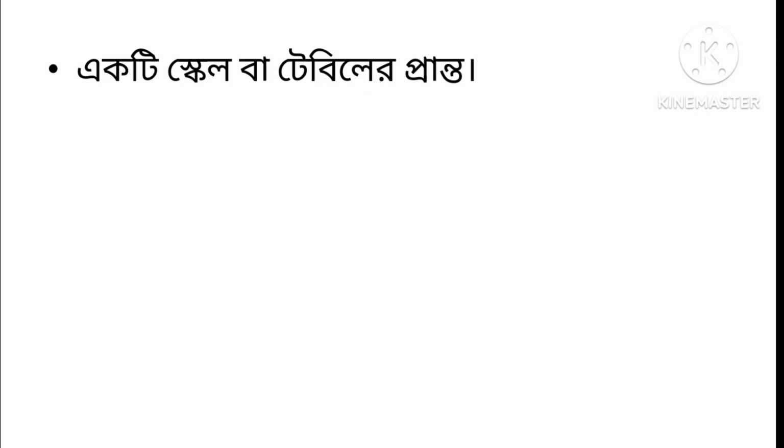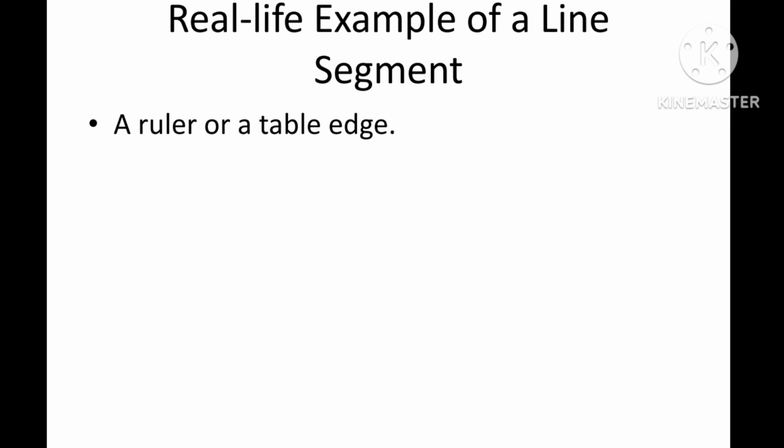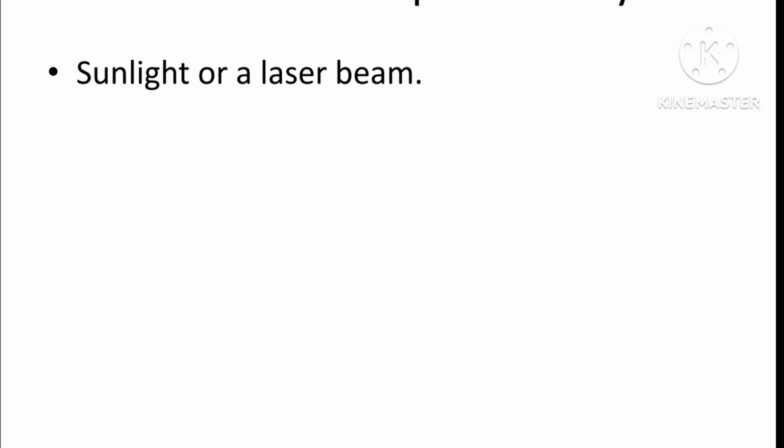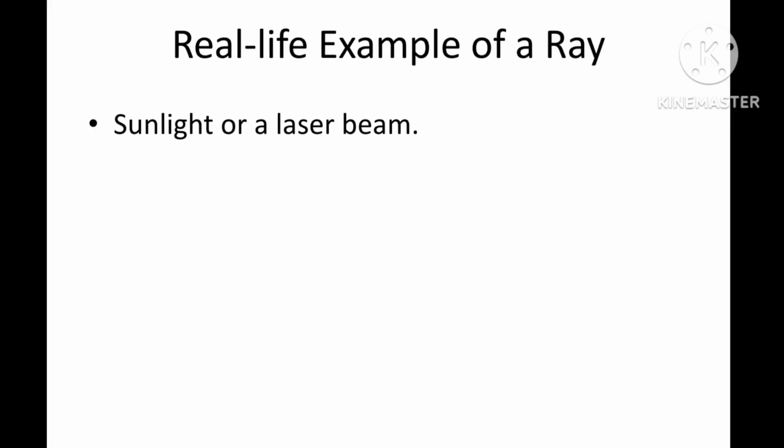Now a real life example of a line segment. A ruler or table edge is a real life example of a line segment. Now a real life example of a ray: sunlight or laser beam or torch.